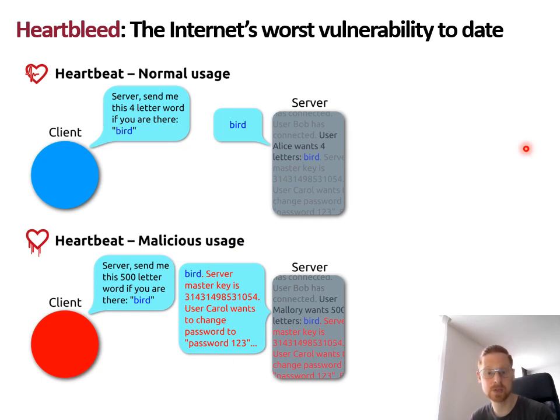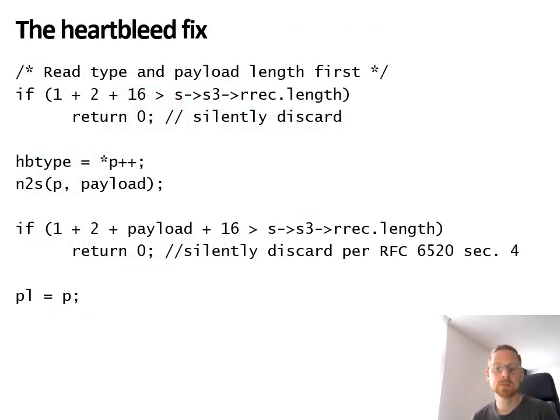This other information could be sensitive information such as session keys, master keys, data sent by other users, and so on. So this vulnerability had a potentially very high impact, as attackers could obtain information stored in the memory of web servers. And a lot of web servers were using this OpenSSL implementation.